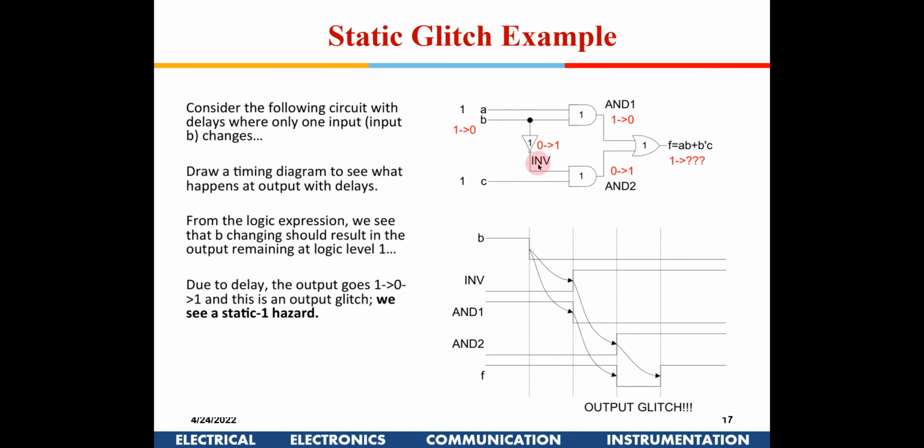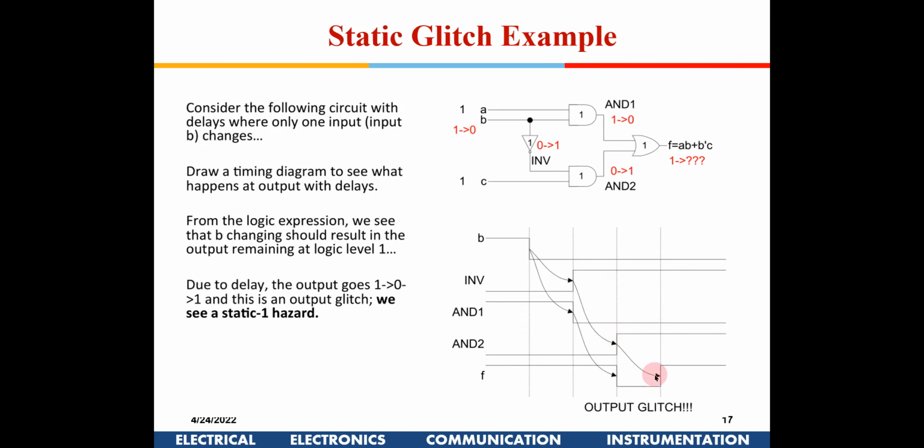And this AND gate is also making a transition after one gate delay here. What about this? This will actually require 2 gate delays, one from the inverter and one from the AND. So this is making a transition after 2 gate delays from here.